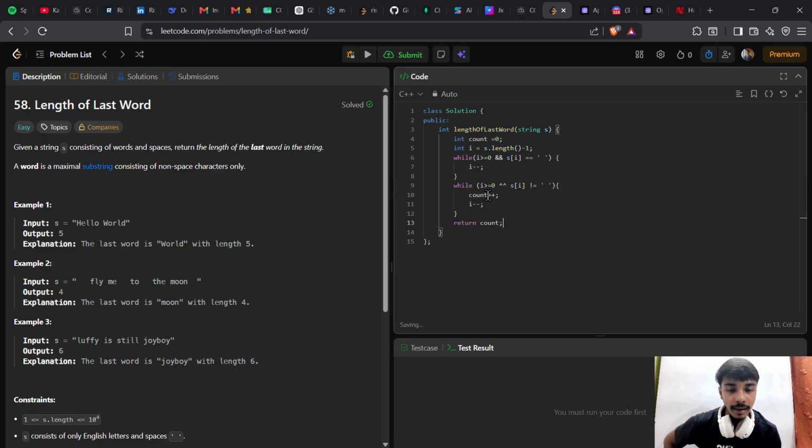That's it. What we're doing here in this loop, for example, let's take this "fly me to the moon" case. Going backwards, we directly eliminated the trailing spaces, then i minus minus. If s of i is not space, then we will have count plus plus and i minus minus.